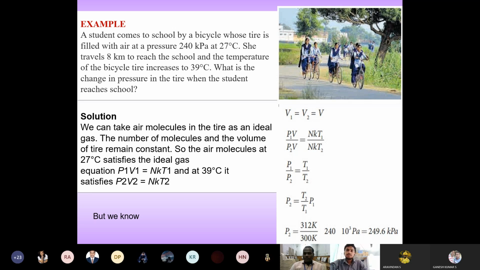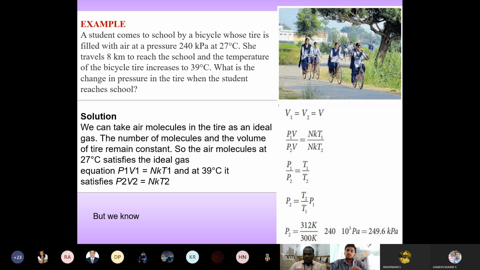Then the T1 value will be 300 Kelvin. Then pressure: we have to put the pressure in pascals, so 240 into 10 to the power 3 pascal. So if you calculate this equation, you can get the value 249.6 kilopascal, right?